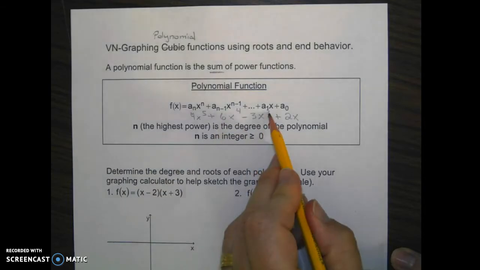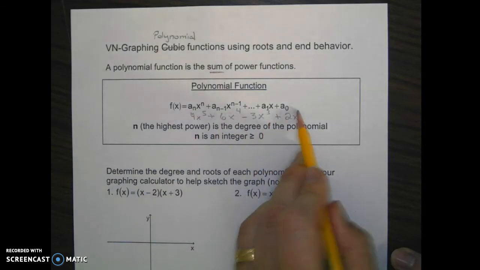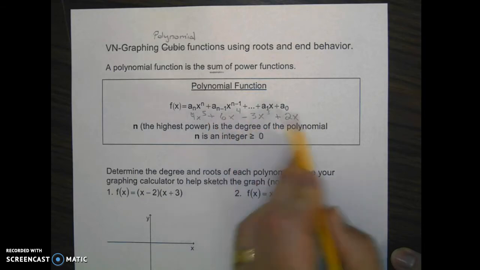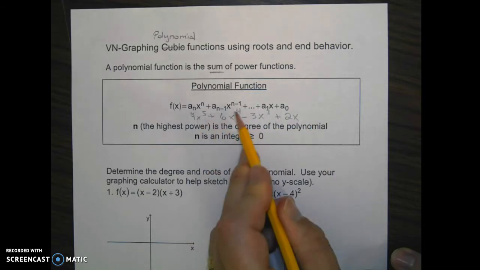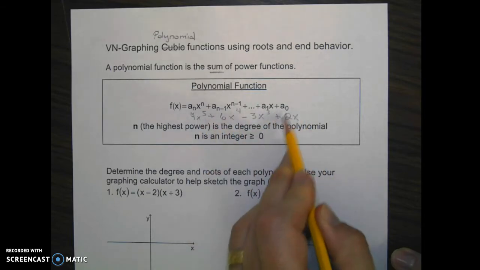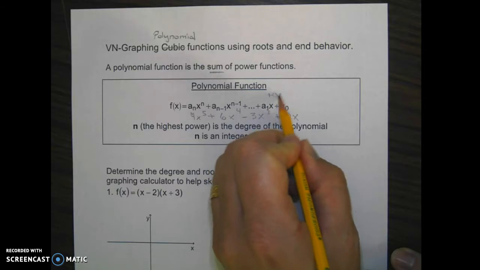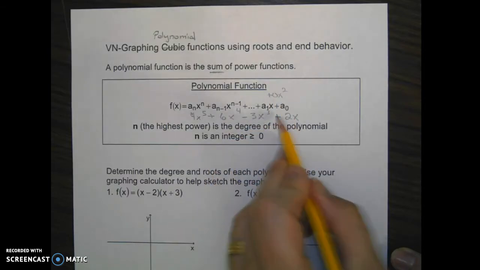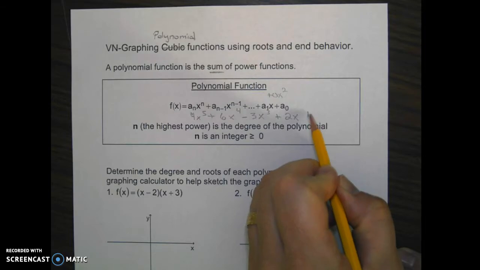And normally I would do a square. But sometimes a power function might be missing, okay? So 5, 4, 3. I'm going to go ahead and skip 2. That would have been a plus 0x squared, okay, in here. So I'm going to just jump down to 2x plus 6.